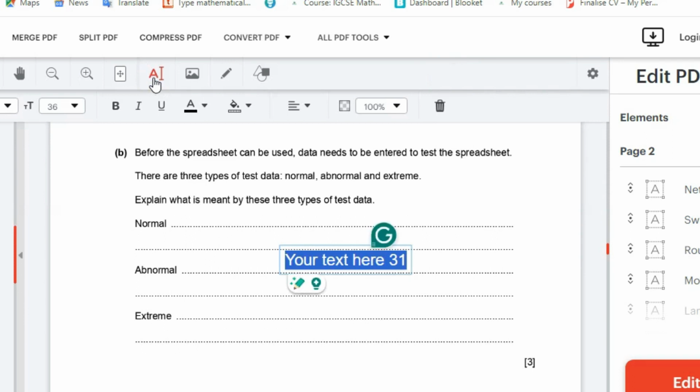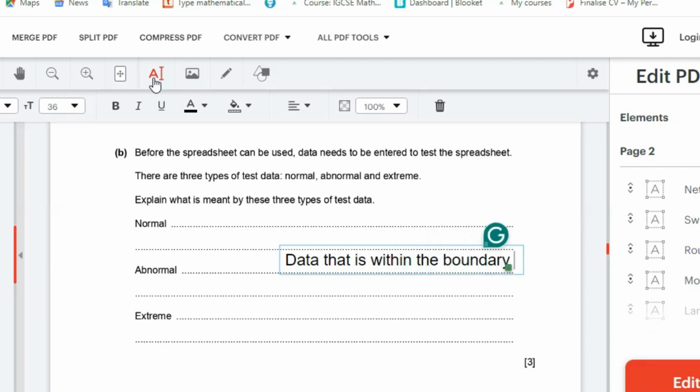Let's start from normal. Normal data. What is normal data? Data that is within the boundary of acceptability. That is what we call normal.